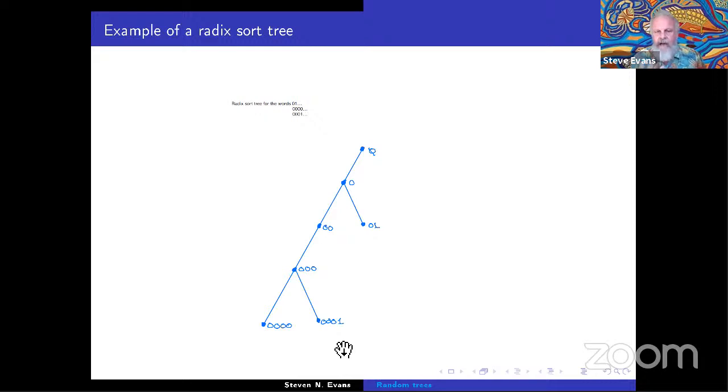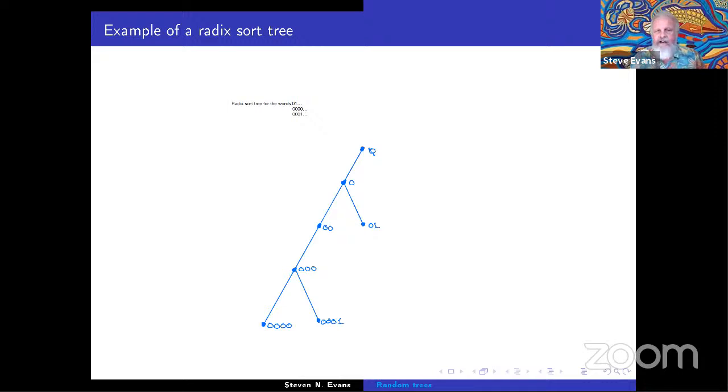We can just associate those with vertices in a finite binary tree by keeping the finite prefixes of those, which distinguish those infinite words. We just keep the minimal prefixes that distinguish them from each other. So does everyone get the idea here?